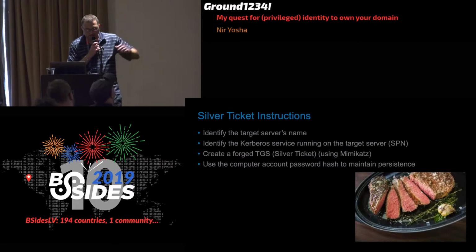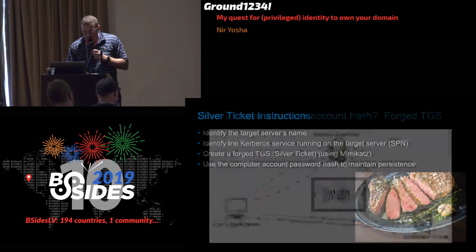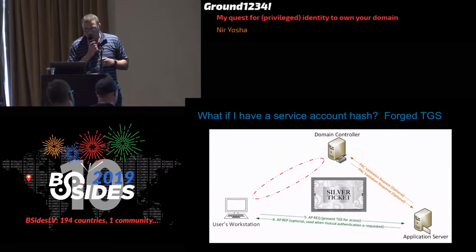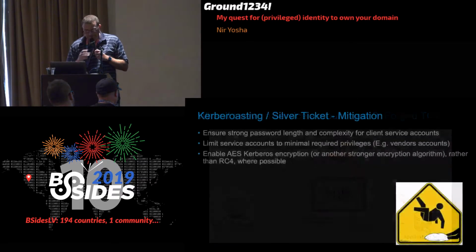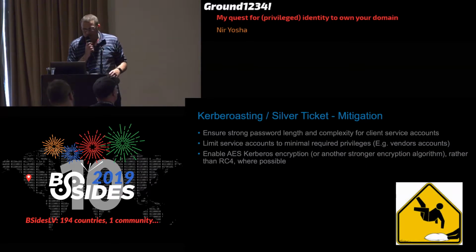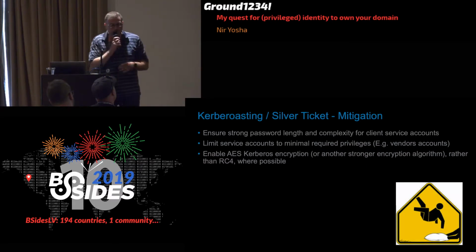TGS, ticket granting service request, that looks exactly as if it came from Active Directory. So again, the idea here is to craft it and to communicate with the service account without even communicating with the domain controller. All of those things are eventually taking advantage of the way Kerberos works today.